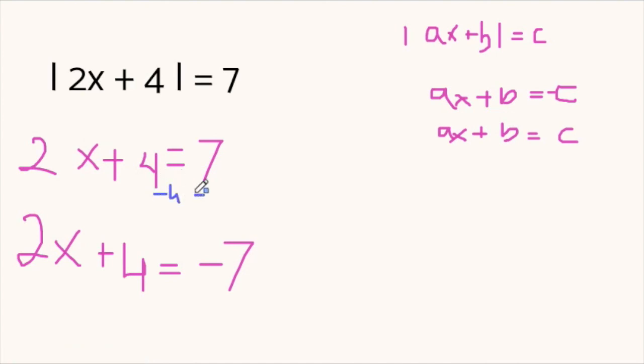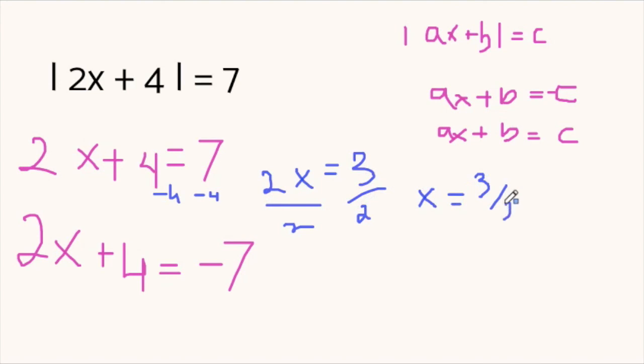-4 on both sides. We need 2x equals 7 minus 4, which is 3. Both sides divided by 2. X is equal to 3 over 2. And the second one also is solved. -4 on each side. 2x is equal to -7 minus 4, which is -11.